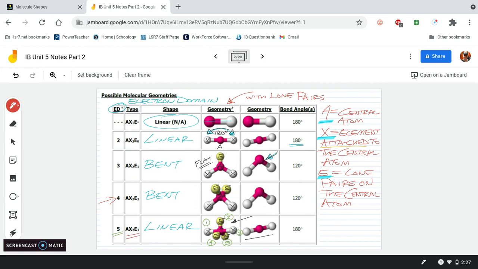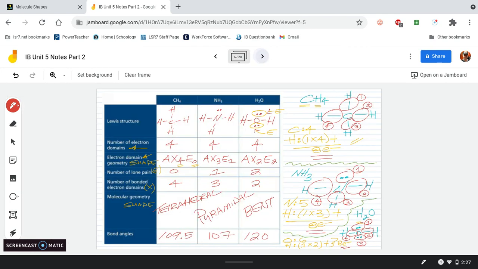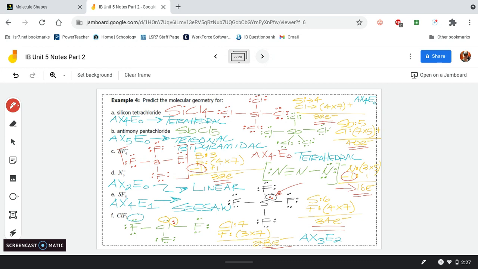Oh no, sorry, that's AX2E3. Sorry, that's wrong. AX3E2. T-shape. Almost gave you the wrong one. But that's what you go back and you're looking for those ones in the notes. And so then this one is going to be the T-shaped. All right, so T-shaped on that one.